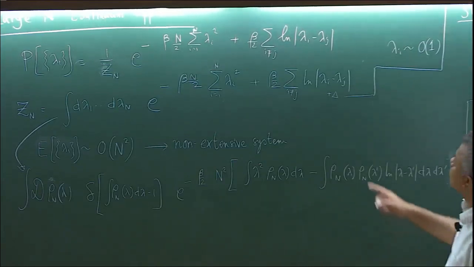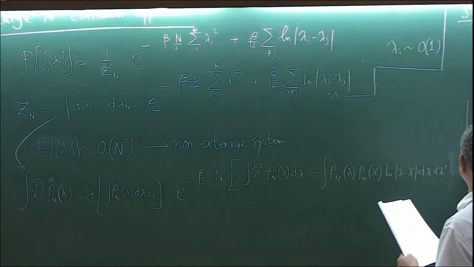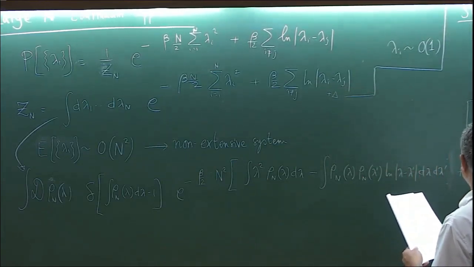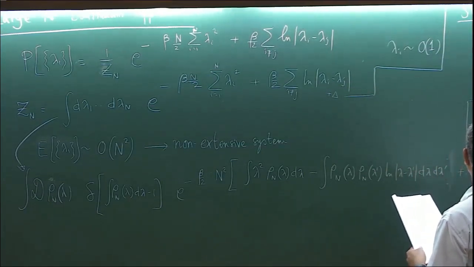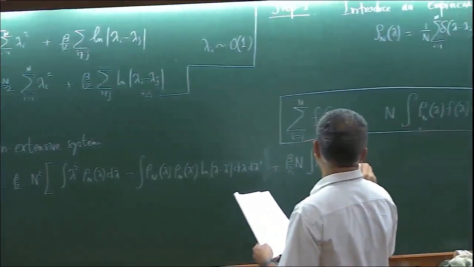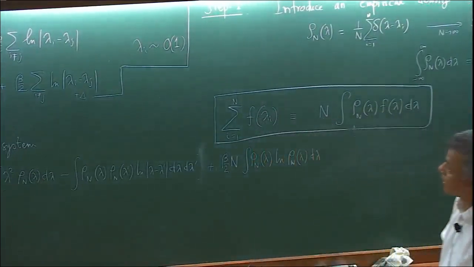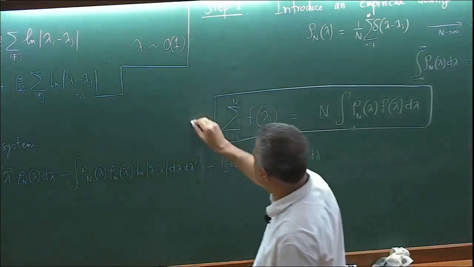That gives rise to an extra term, and I'll not spend too much time on this, but you can show that this extra term you can again express in terms of the density. This is usually called the self-energy term.